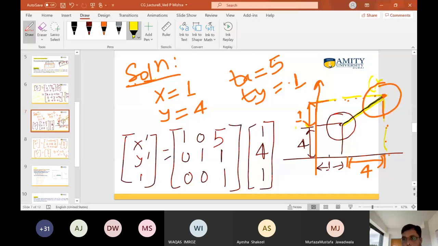This will be your x dash y dash. So this is called translation. Any confusion in this, anyone? So this is your final solution. Yes, sir. So this is all about translation. We will do rotation in the next class, and till then we will solve some more numericals.